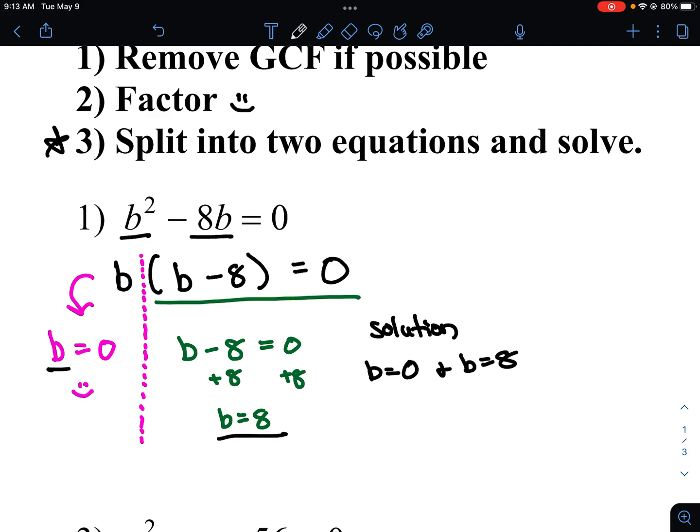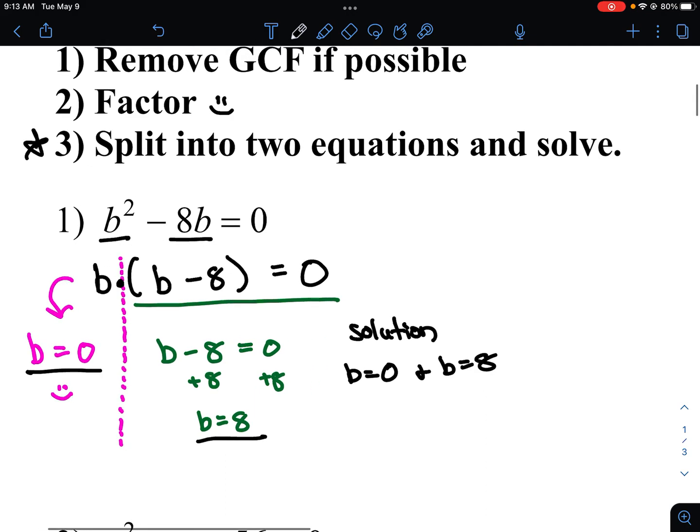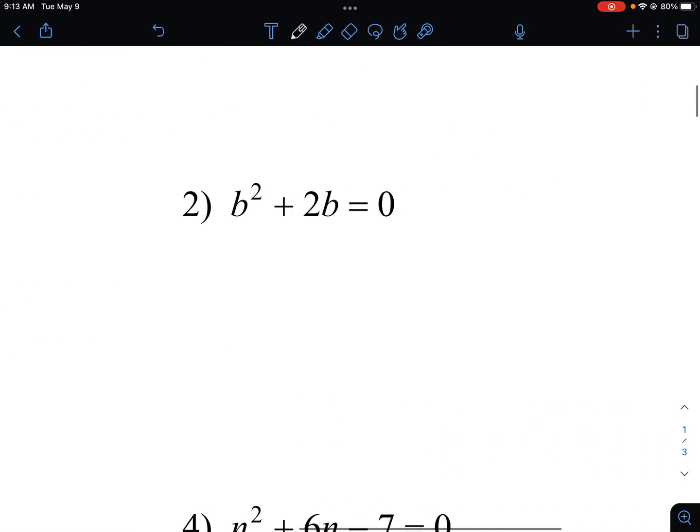What happens here is, think about it, we have b times b minus 8. Either one of those things could be 0, and we have a true expression. So if you wanted to check, you could substitute each of those back in. But there's the idea. Let's check out another example, number 2.